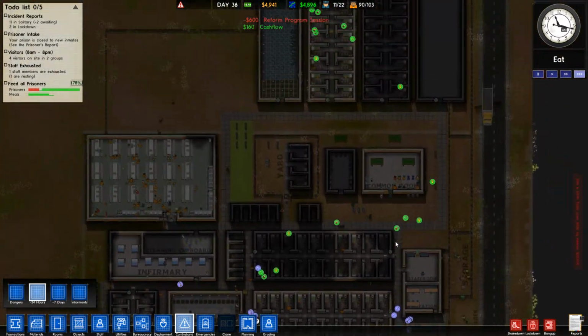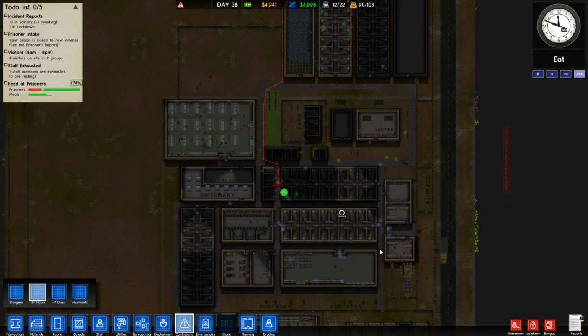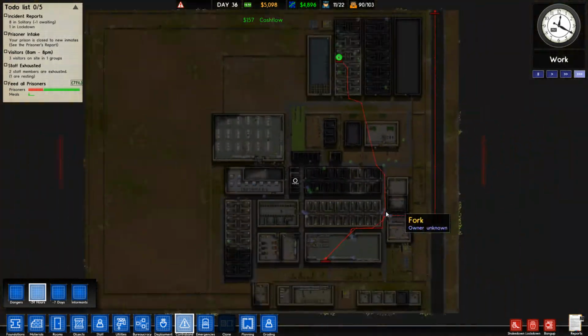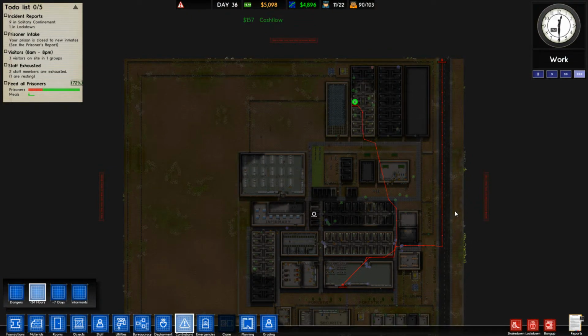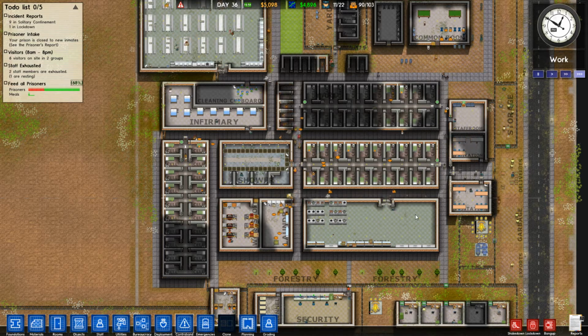Okay, so most of it is getting detected, which is good. This one smuggled in by the prisoner. How? It was detected here. Okay. Oh, it was just smuggled in like that. Yeah, right. That's nice.